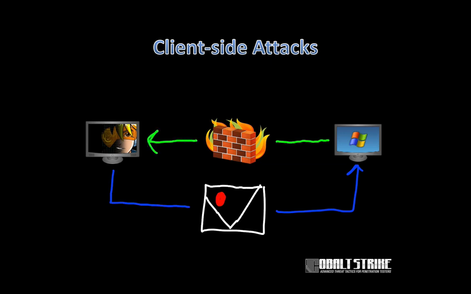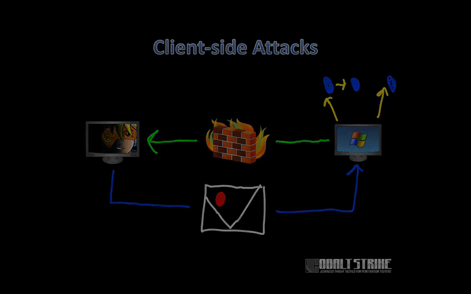You have your initial foothold. And now, if your objectives call for it, you can escalate privileges, find targets, and try to spread laterally. And that is the client-side attack initial access model.